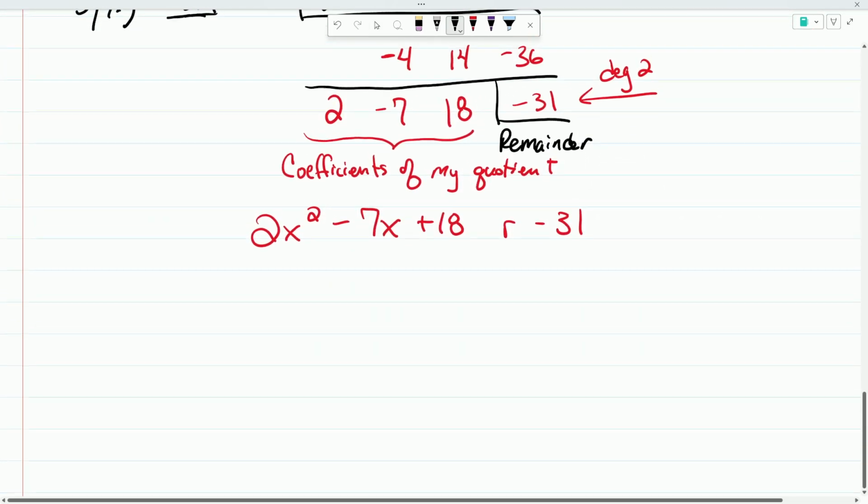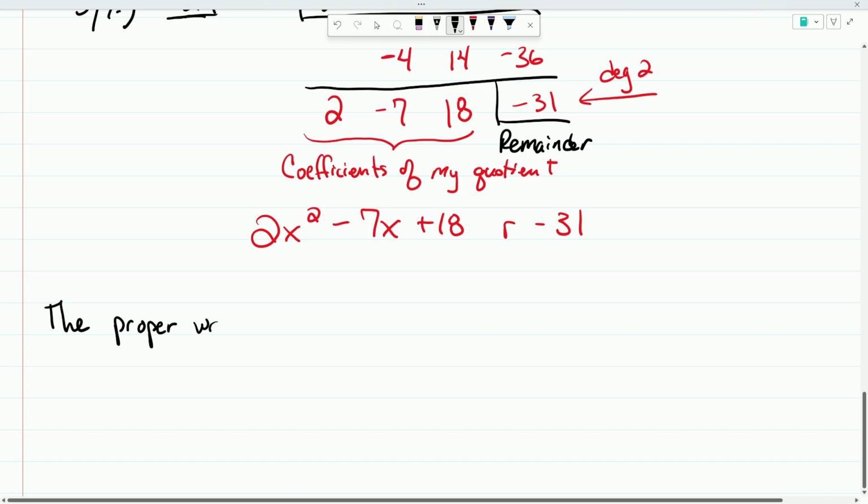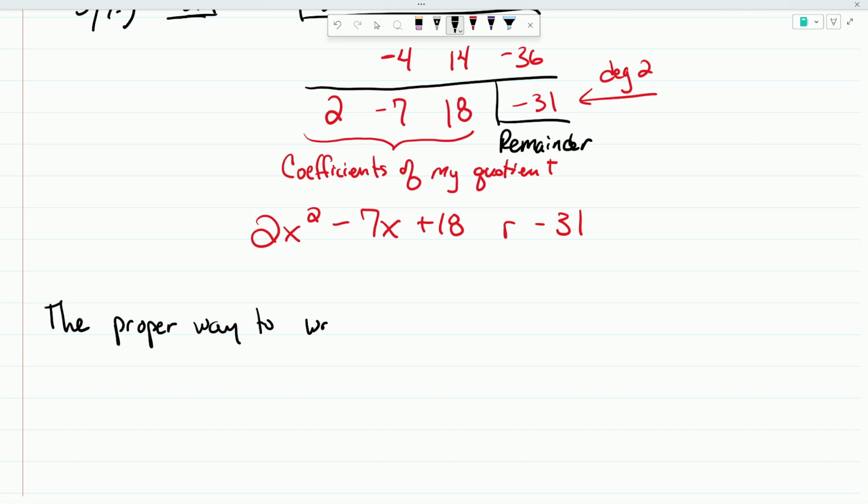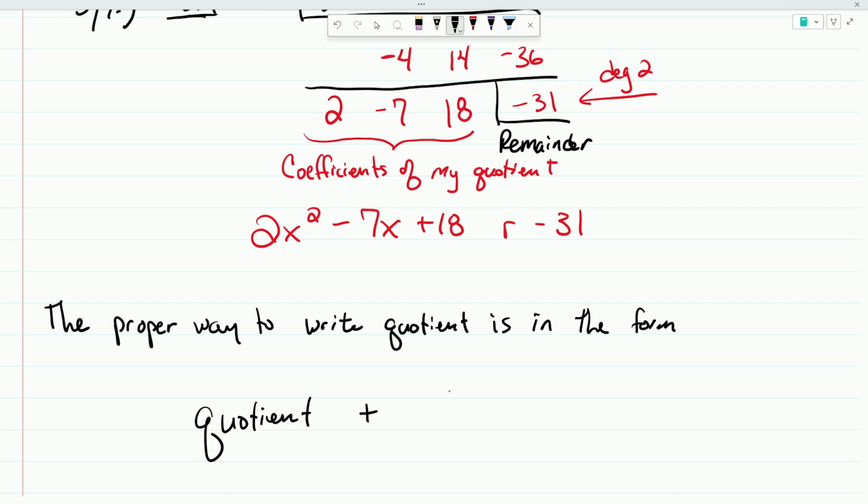So, the proper way to write the quotient is in the form quotient plus your remainder divided by your divisor.